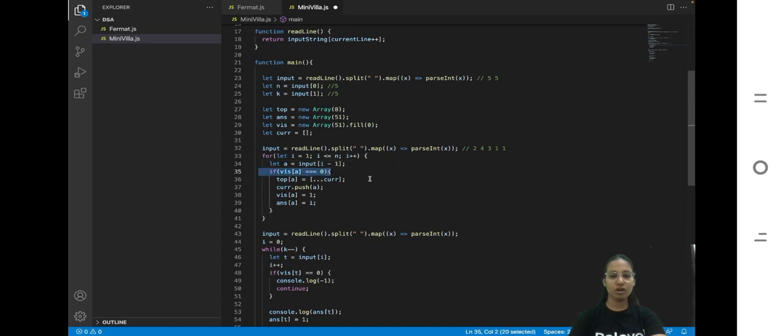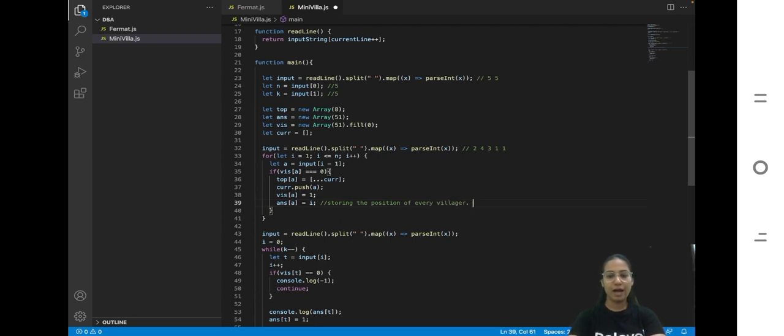And if the element is not visited, in the visited array we are first storing the index, or storing the position of every villager.